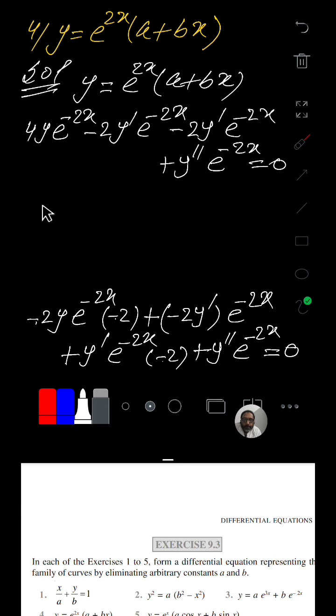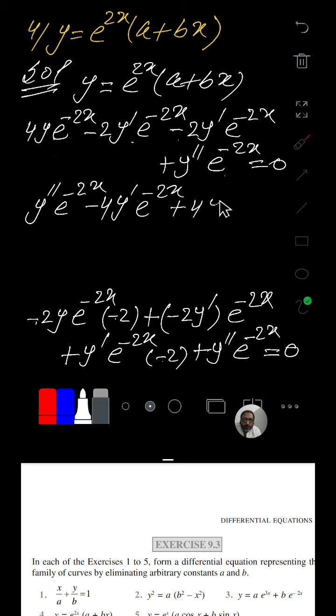So we may write it as y double dash e raised to the power minus 2x. After that, these two terms are identical, so may be added because they have the same signs. So minus 2 becomes minus 4y dash e raised to the power minus 2x, and this term in the last plus 4y e raised to the power minus 2x is equal to 0.